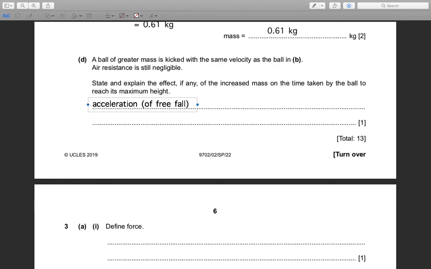is never changed. Why? Because it's the gravitational acceleration, not dependent on mass.